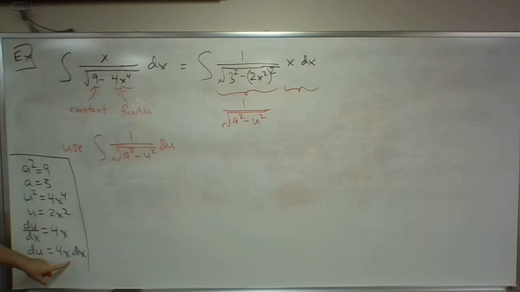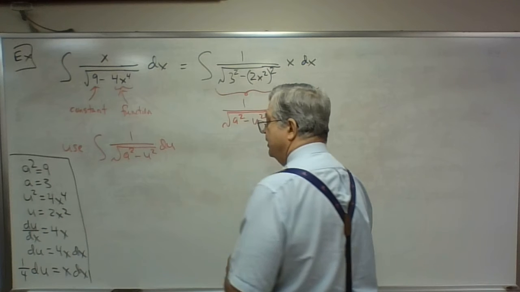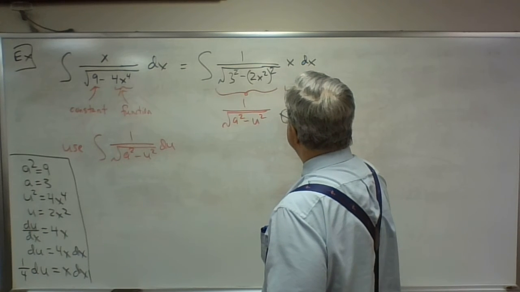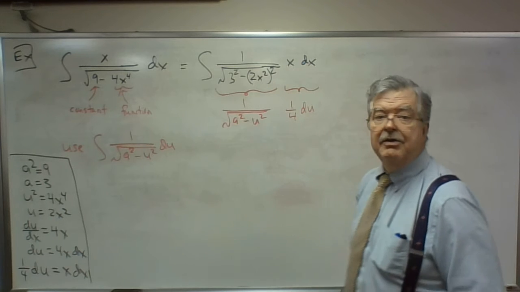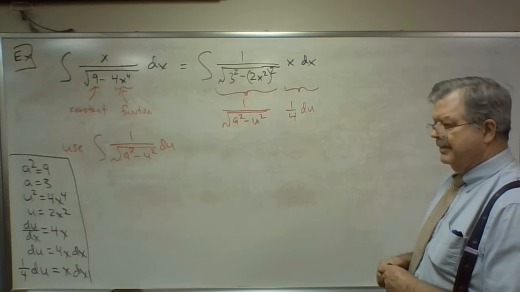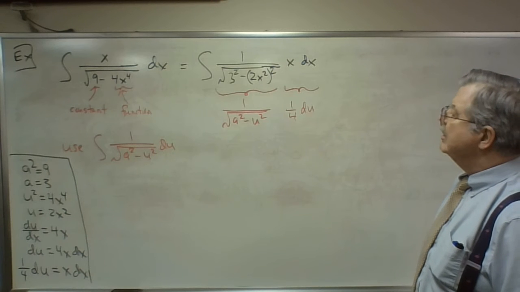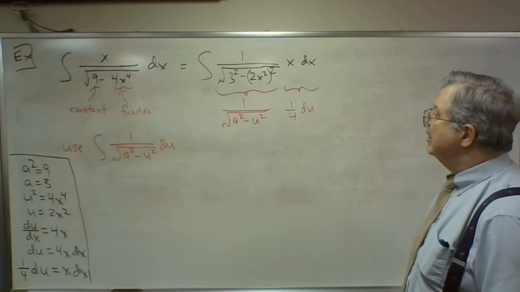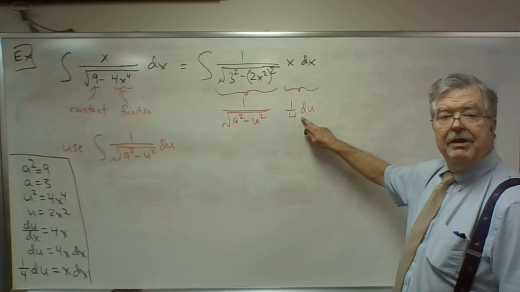I don't have x dx here, but if I divide both sides by 4, I get x dx. So it looks like we have 1/4 du here. Okay.